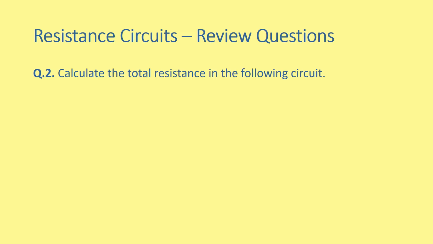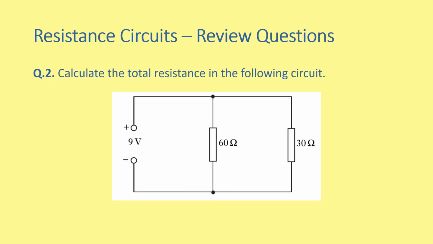Calculate the total resistance in the following circuit. So we have a parallel circuit now, so we're using the rule 1 over RT is equal to 1 over R1 plus 1 over R2, which is equal to 1 over 60 plus 1 over 30.